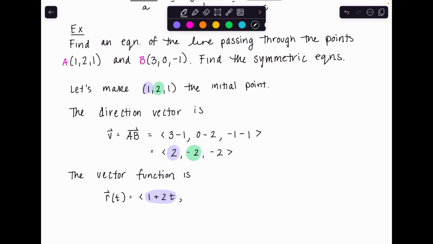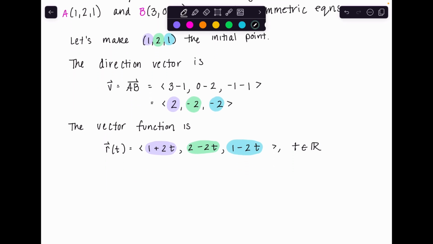So our initial y value is 2, our slope is -2, and then our parameter is t. And then finally, in the z component, our initial value is 1, the slope is -2, and that gets attached to the parameter t. And then our value of t is any real number to allow the entire thing to be traced out. Okay? So that is our vector function.